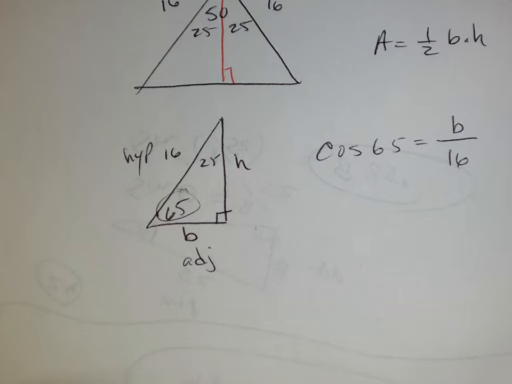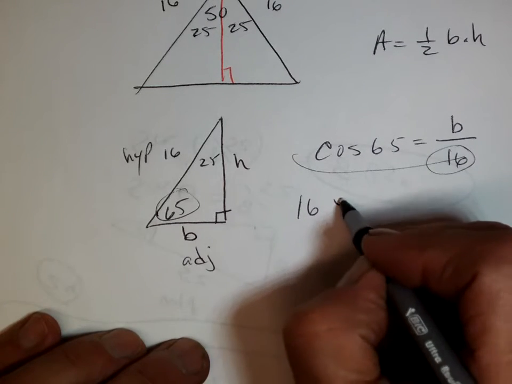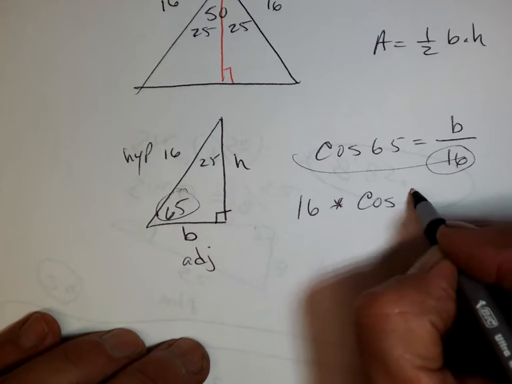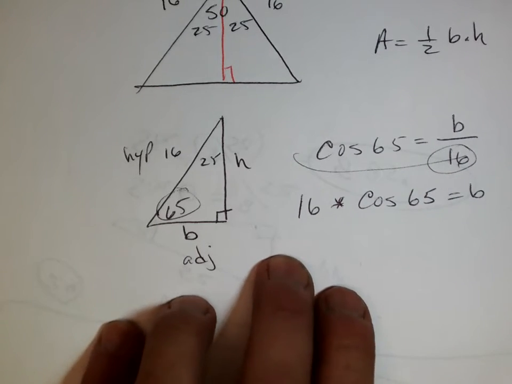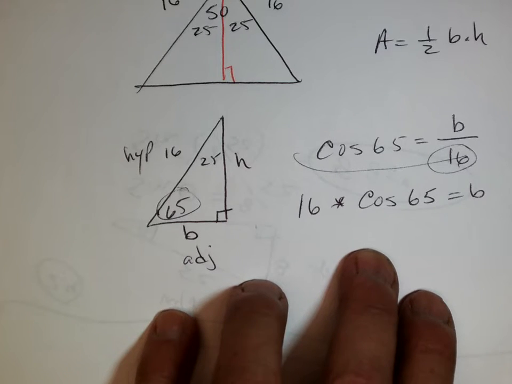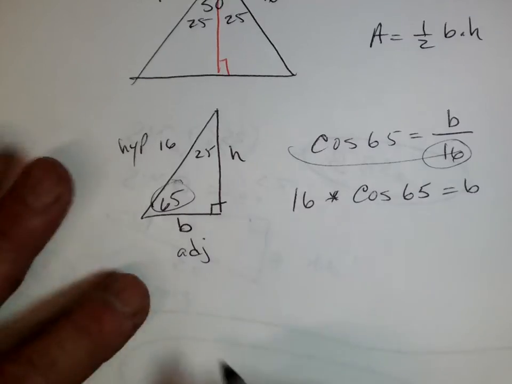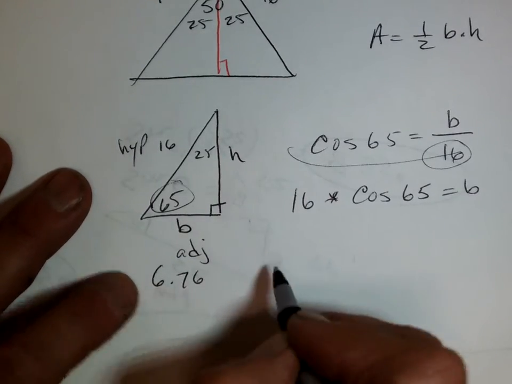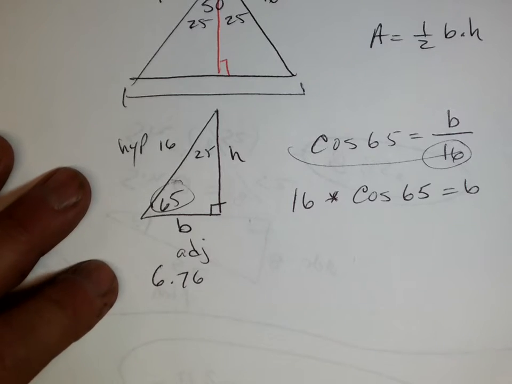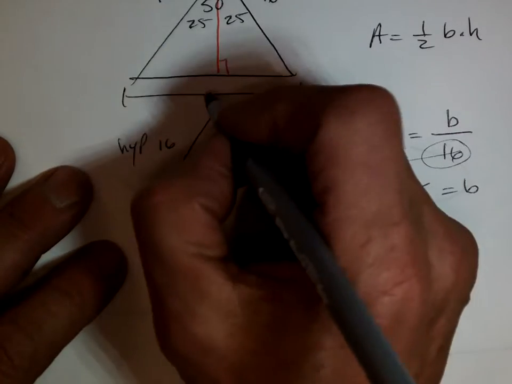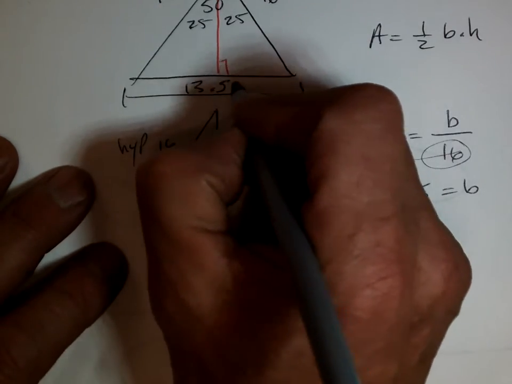Adjacent over hypotenuse, I'll multiply up to 16, right? And I'll go 16 times the cosine of 65 equals B, right? 16 times cosine 65, and I get an answer of about 6.76. But I'm going to double that, right? Times 2. You're right, Evan. We don't need to double it. 13.52. Okay, now let's find the height.